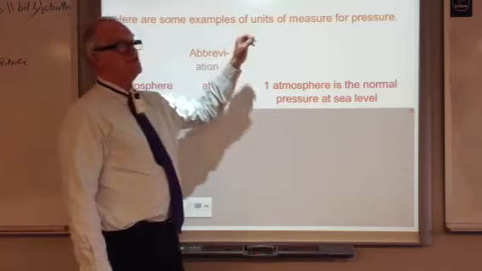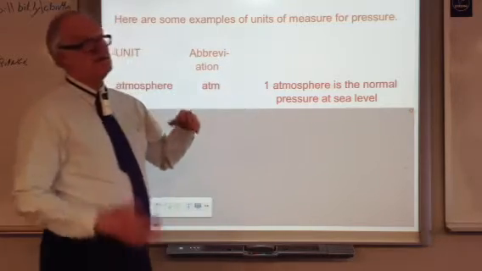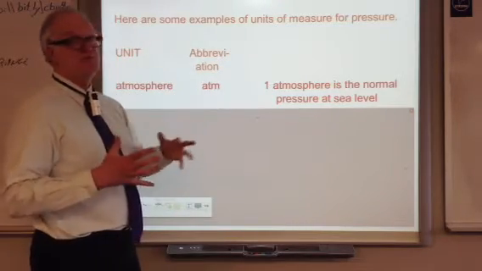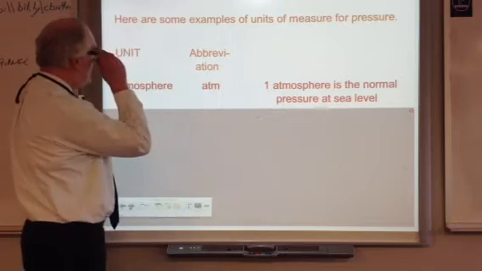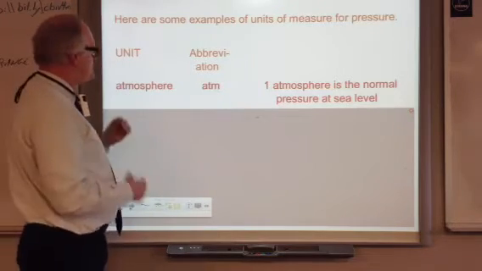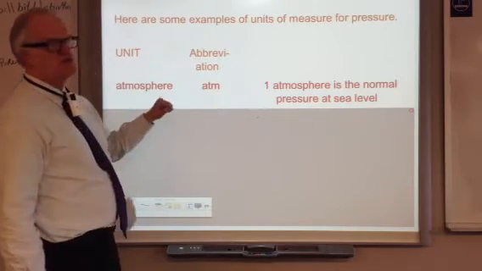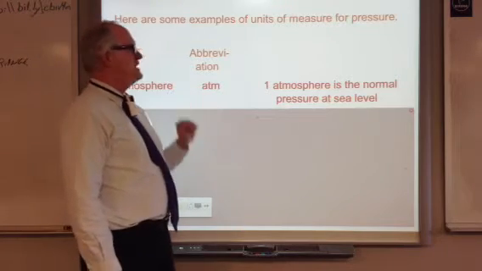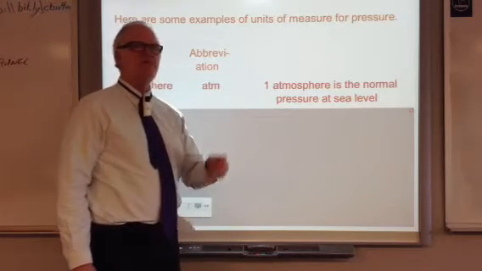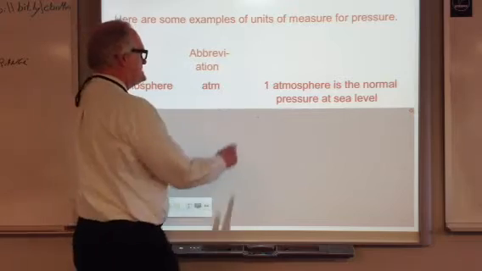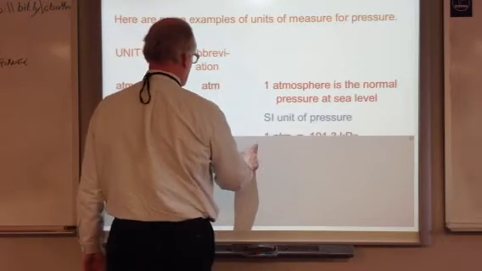All right. Here's some units of measure for pressure, and these are used at different times by different groups of people. And that's a kind of a historical thing. So sometimes pressure is measured in atmospheres with the abbreviation ATM. 1 atmosphere is normal pressure at sea level here on Earth.